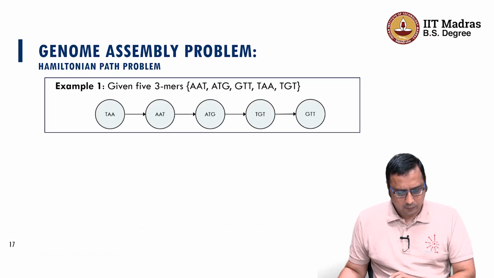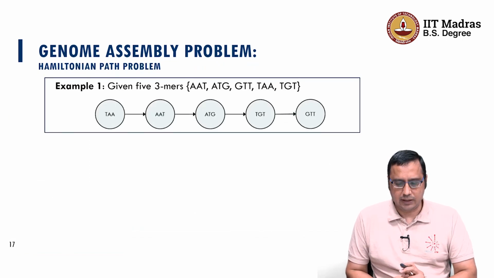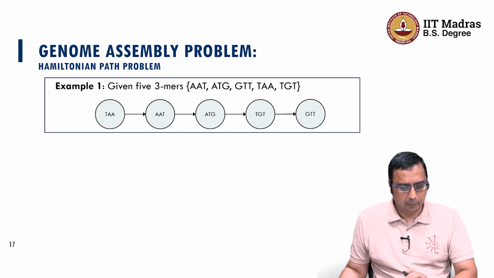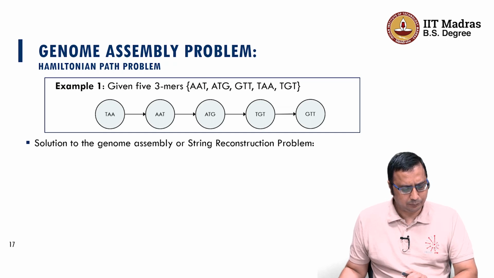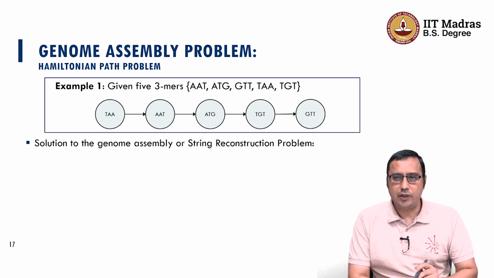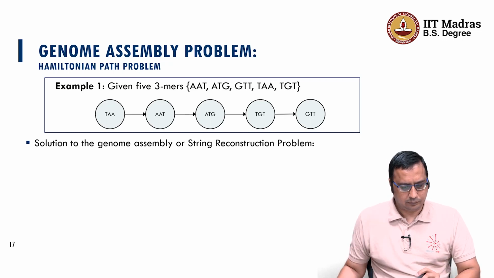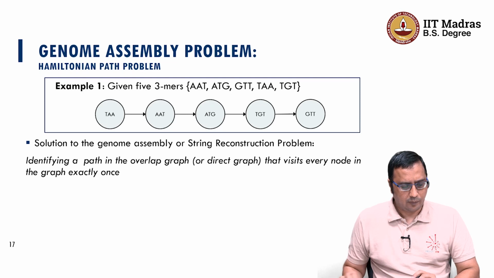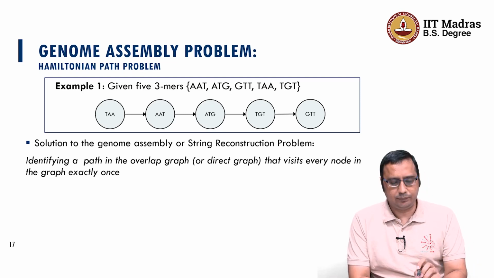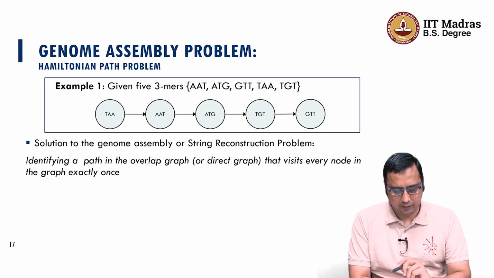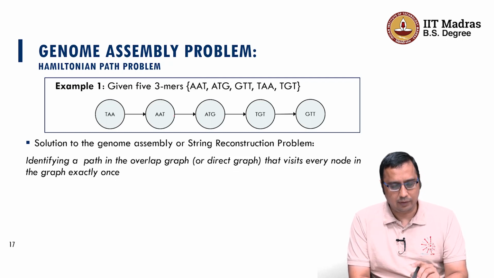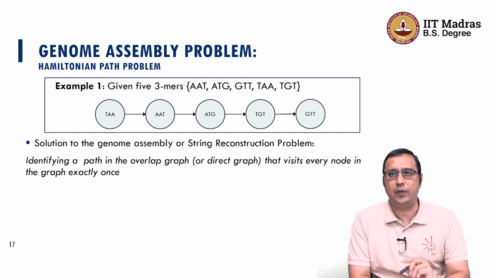Now, if we look at this particular example, we realize that the solution is that we have to identify a path in this overlap graph, or directed graph, where we visit each of the nodes in the graph exactly once.